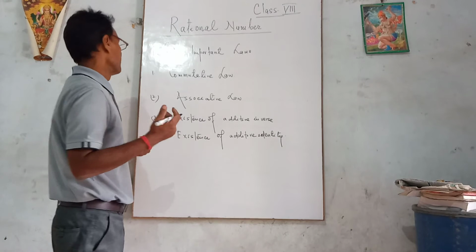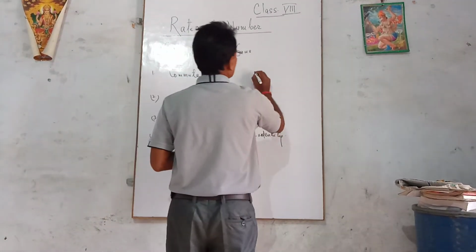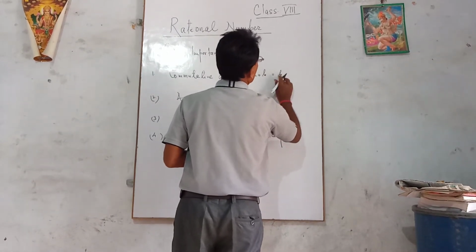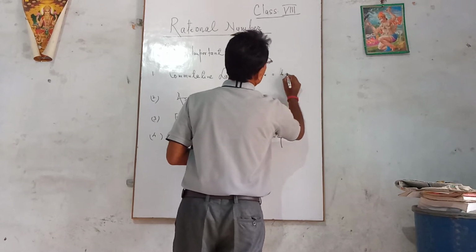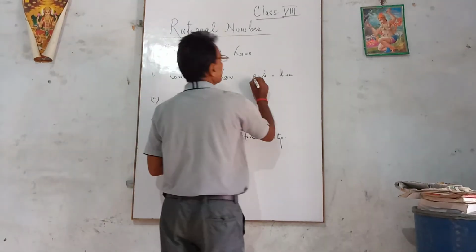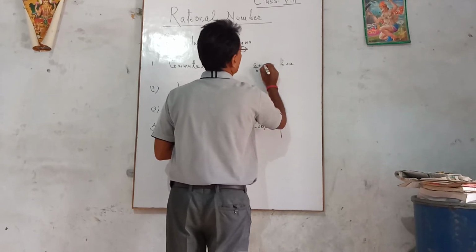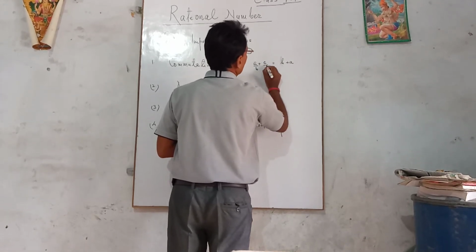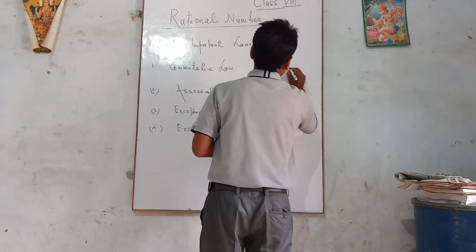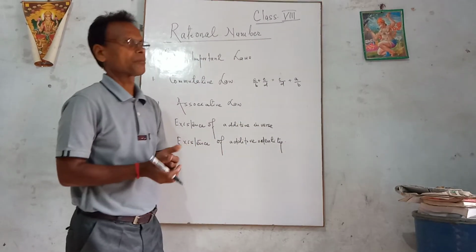Dear students, in the example of commutative law, we can write a plus b is equal to b plus a. If we take rational numbers, then we can write a by b plus c by d is equal to c by d plus a by b.